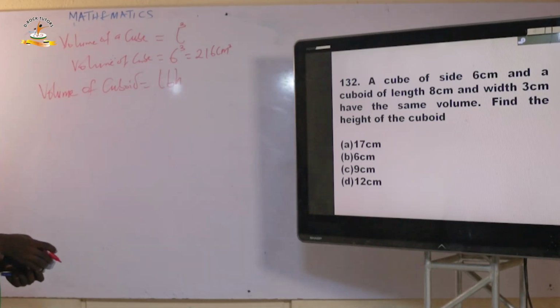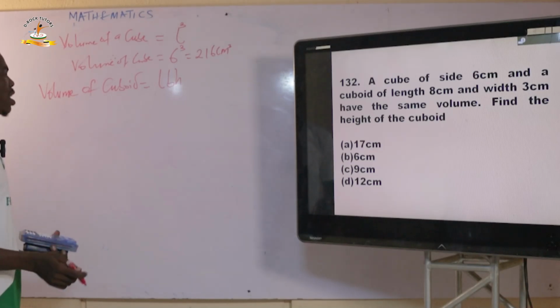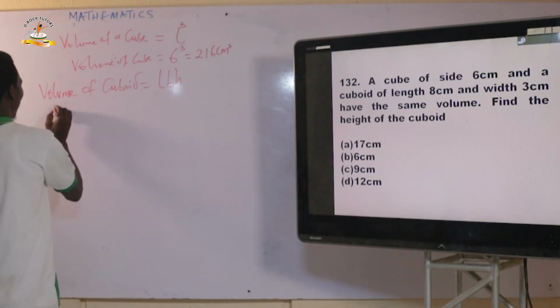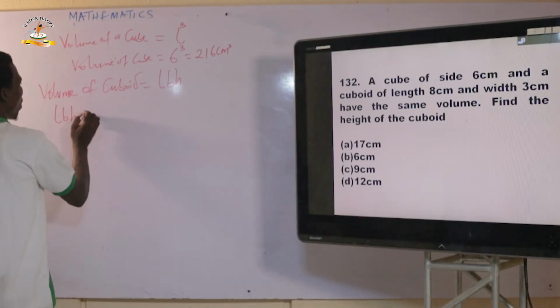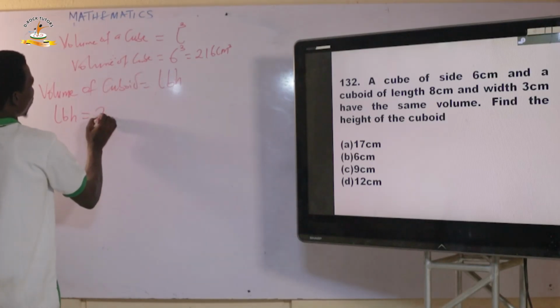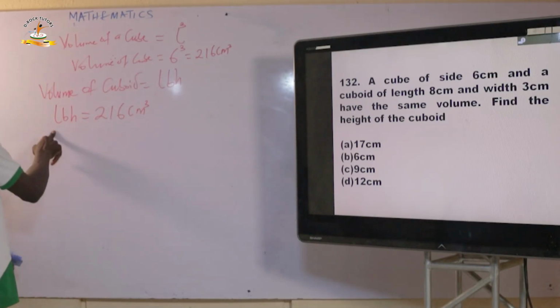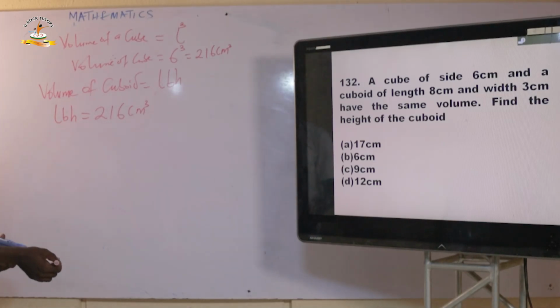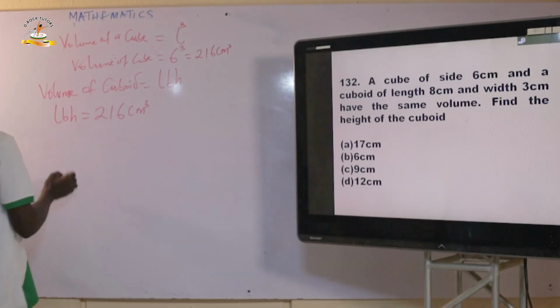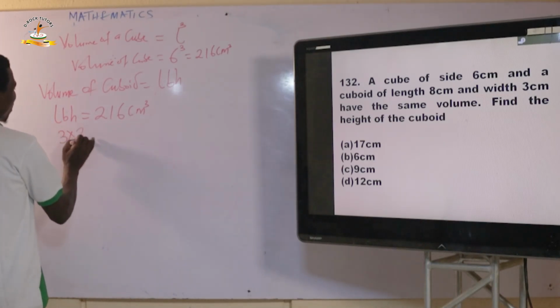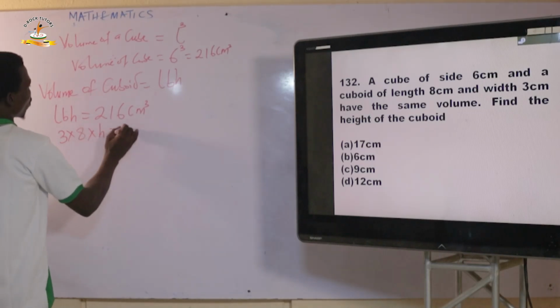That's length times breadth times height, or you call it length times width times height. But this LBH, according to the question, must be equal to the volume of the cube, which is 216 centimeter cube. So what is the length? The length is 8 centimeter and the width is 3 centimeters. That's 3 times 8 times the height must be equal to what?